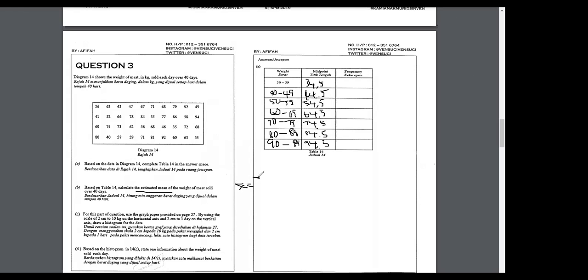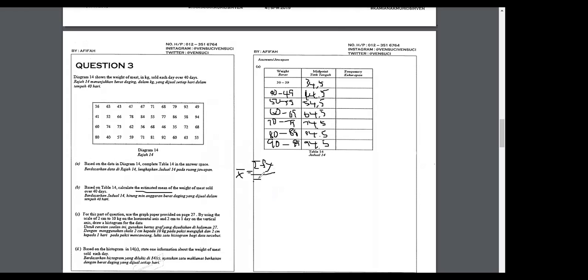So the mean is summation Fx over summation F. Summation Fx is the midpoint times frequency, added together, and summation F is all the frequencies added together. So you will get the answer 64.5. 64.50 also can, but usually we don't need the 0.